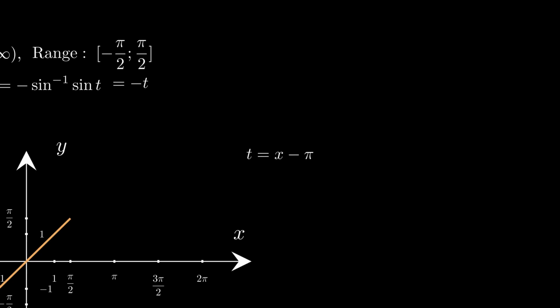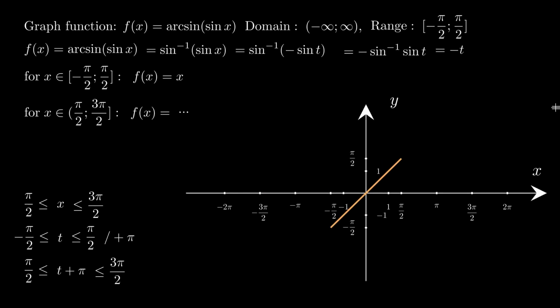Let's substitute this into our function, and finally we get the final result. The function in the interval from pi divided by 2 to 3 pi divided by 2 is pi minus x. Let's place this on the coordinate system and move on to the next interval.